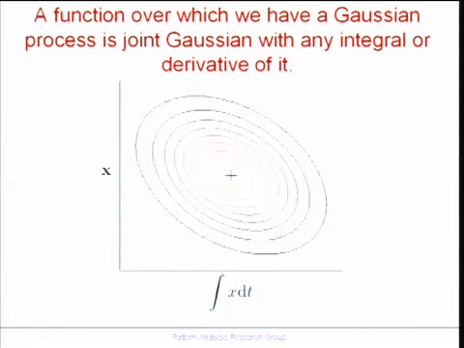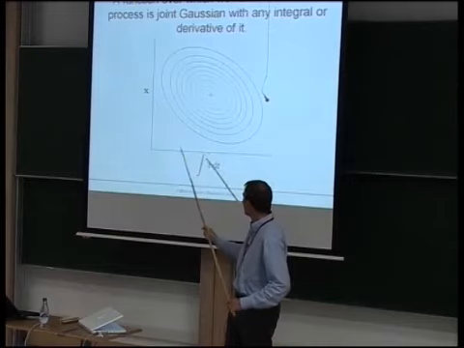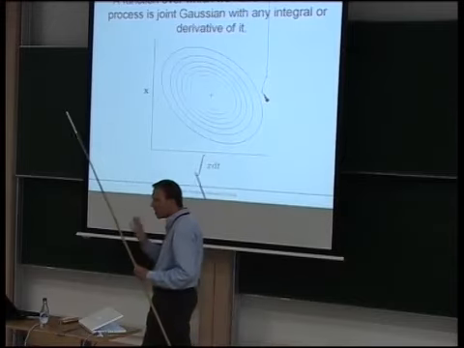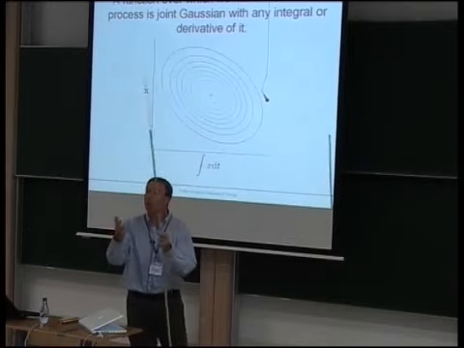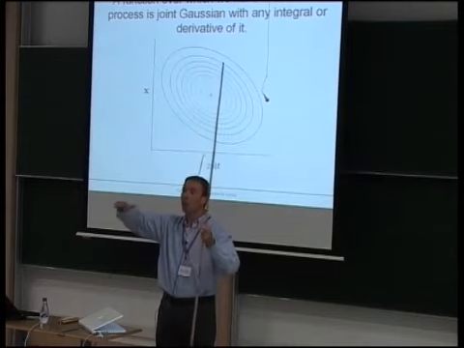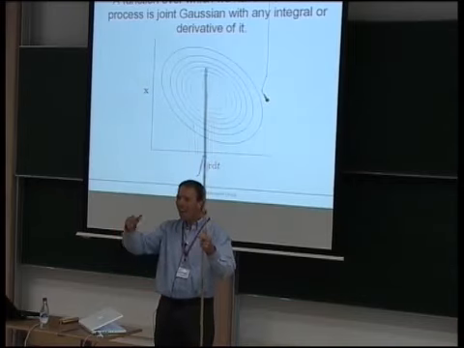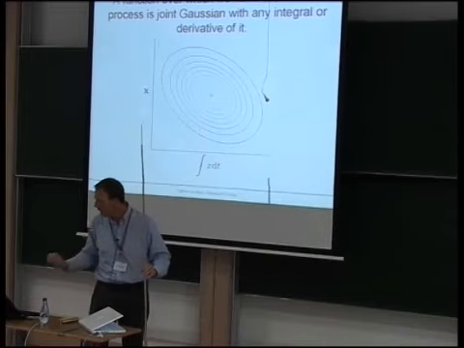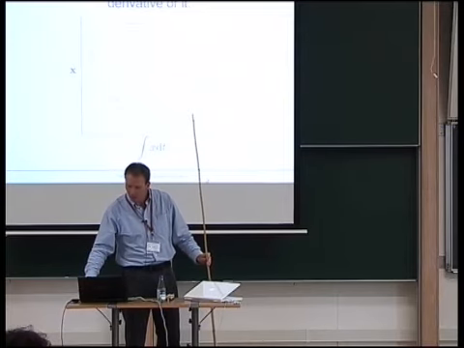That means that if I've got some distribution about some variable of interest x, and that's marginally Gaussian, then it's joint Gaussian with its integral and any derivative and so on. So we don't actually need to use these samples in order to fit the likelihood surface of the data under our hyperparameters and then integrate under that. We can jump directly to the integral, which is going to give us a bit more of a computational improvement.